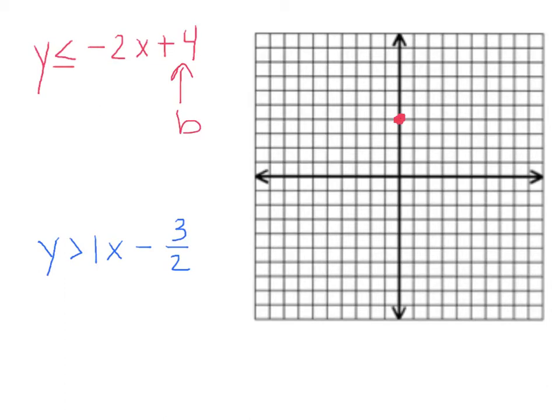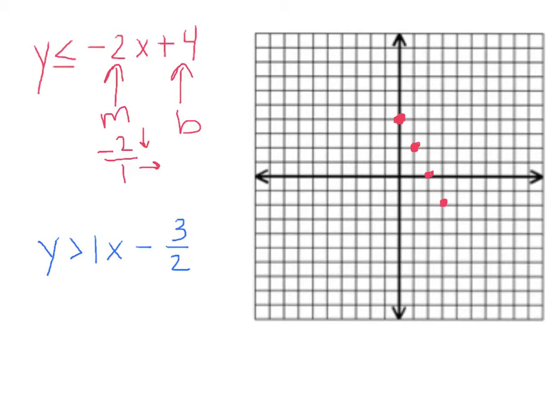Then we use the negative 2 as our slope, negative 2 over 1, which means from 4 we go down 2 and right 1 and place another point. I can continue going down 2 and right 1 to place more points, but I don't have to.